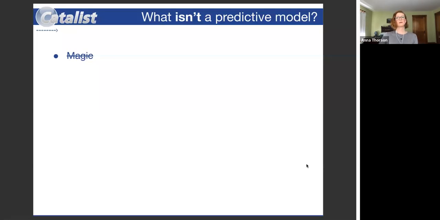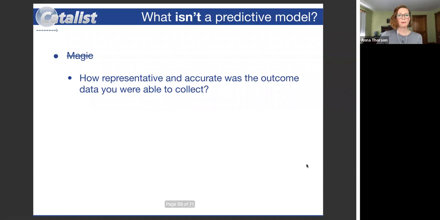When I say a predictive model isn't magic, it's really about what data went into it. For example, how representative and accurate was the outcome data you were able to collect? Did you have the budget to do a 10,000 person survey, stratified on age, race, gender, geography?